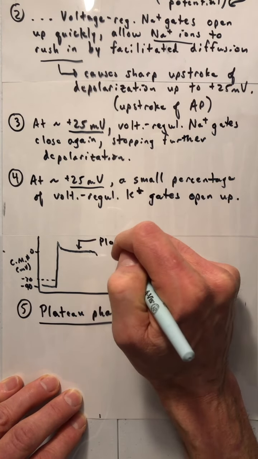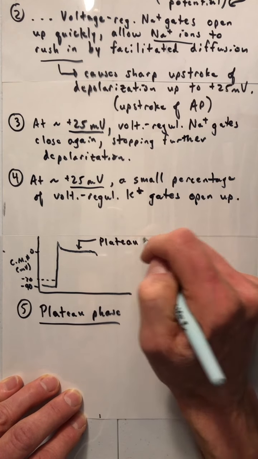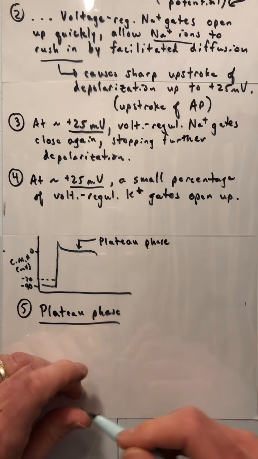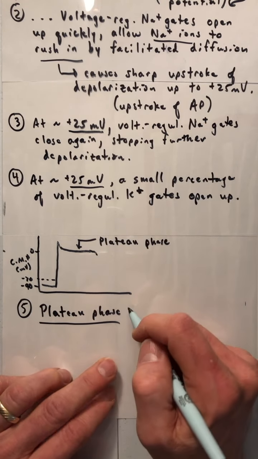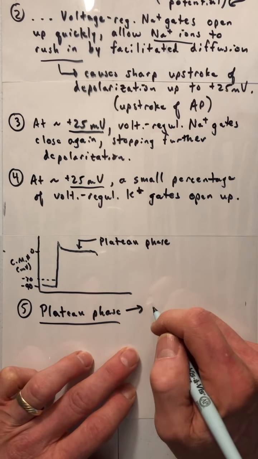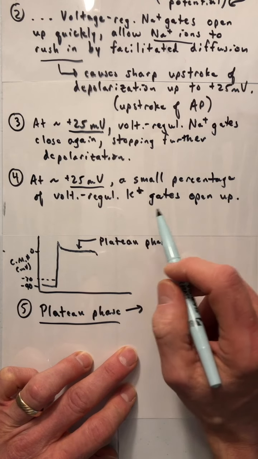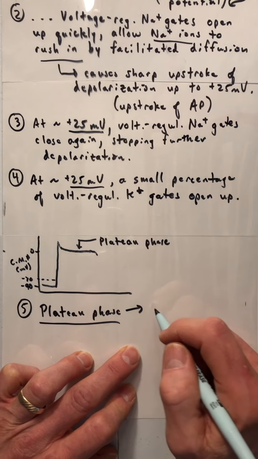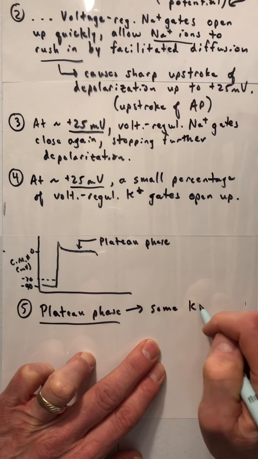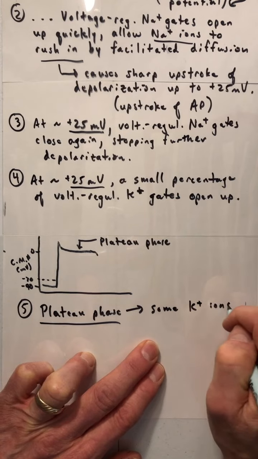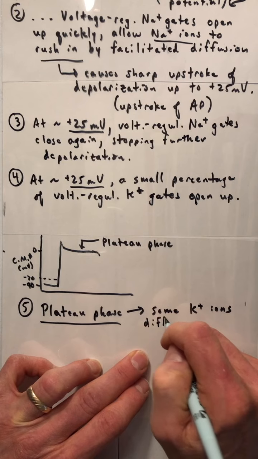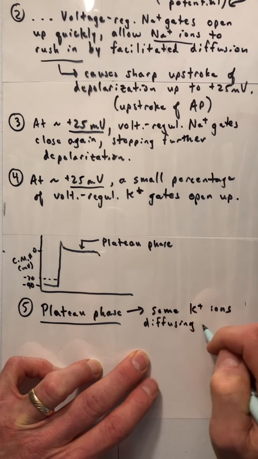So let's try to understand, why is everything flattening out at that point? There's a few things happening during the plateau phase. As I said, some voltage regulated potassium gates have opened up, and that has allowed some potassium to leak out of the cell. So there are some potassium ions leaking out of, or diffusing out of, the cell by facilitated diffusion.